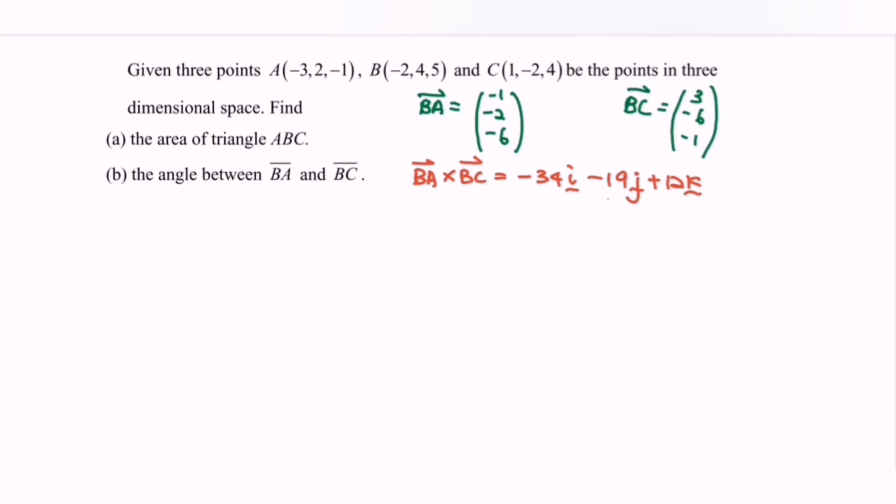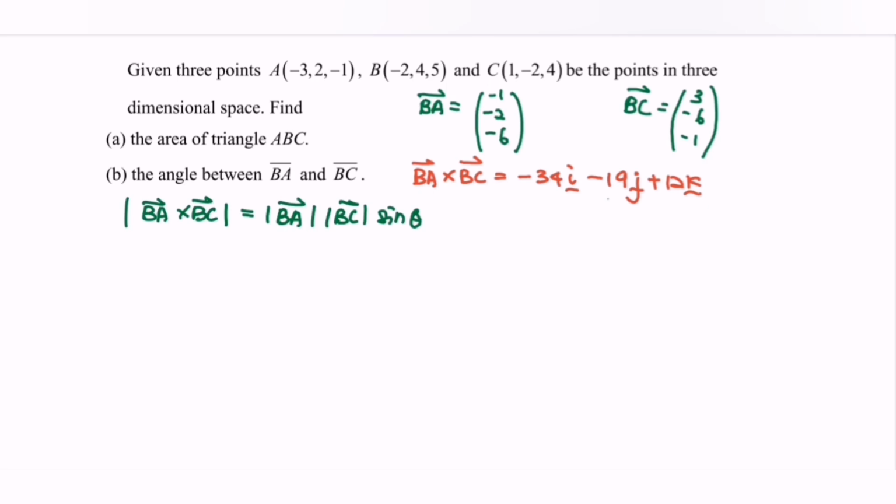Next is to find the angle between BA and BC. So kindly refer to the formula where BA cross BC is equal to the magnitude of BA multiplied by the magnitude of BC sine theta.